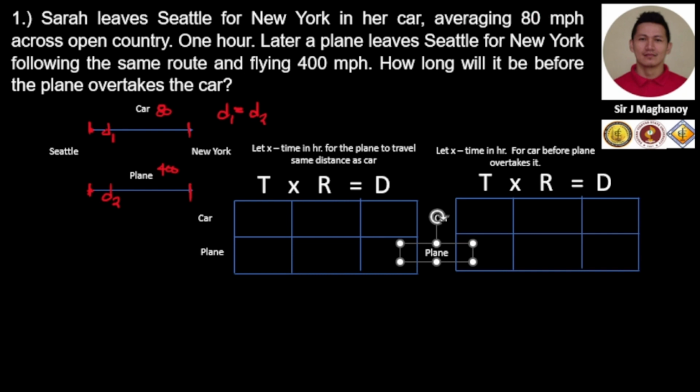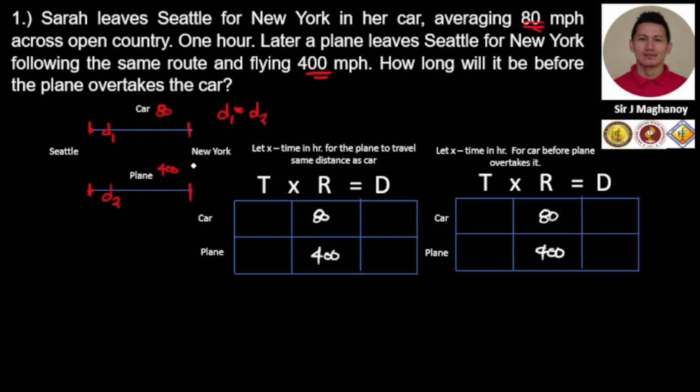The rate of our car is 80 miles per hour, and the rate of our plane is 400 miles per hour. So for our car, this is 80 miles per hour. For our plane, that is 400 miles per hour.